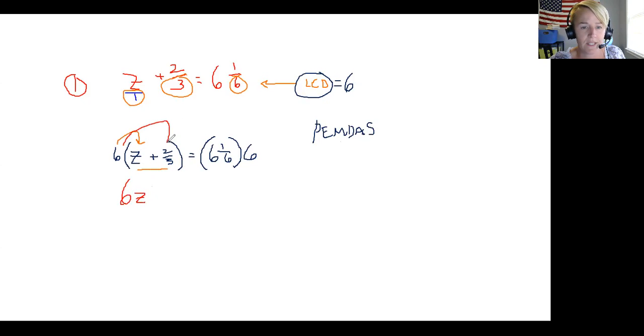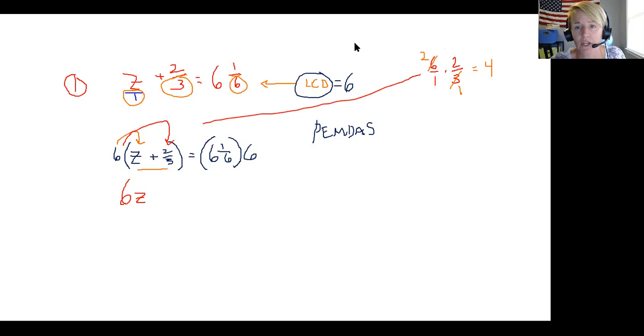Now, 6 times 2/3. I'm going to come way over here and show you this. If I have 6 over 1 multiplied by 2 over 3, I can reduce if I want to. I could reduce this 3 and this 6, and that's going to reduce to 1 and 2, which is going to give me a 4.